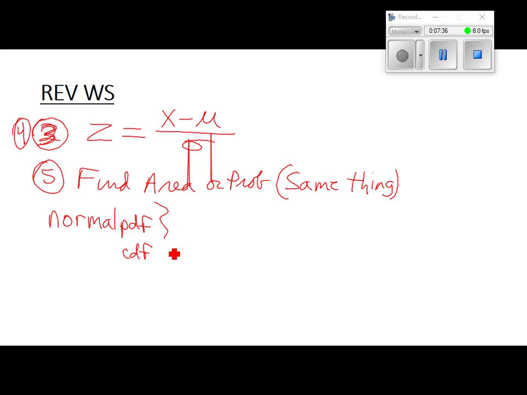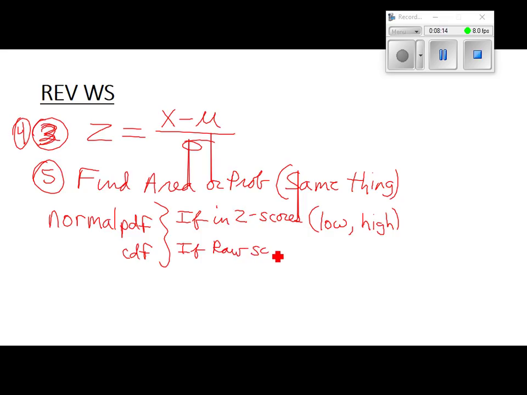If everything's on the standard normal curve, so if everything's in z-scores, you just put in your low and your high numbers. So if you know the z-scores, all you got to put in is the low and the high. If you're doing raw scores, so if you have raw scores, anybody remember what you got to put in then?